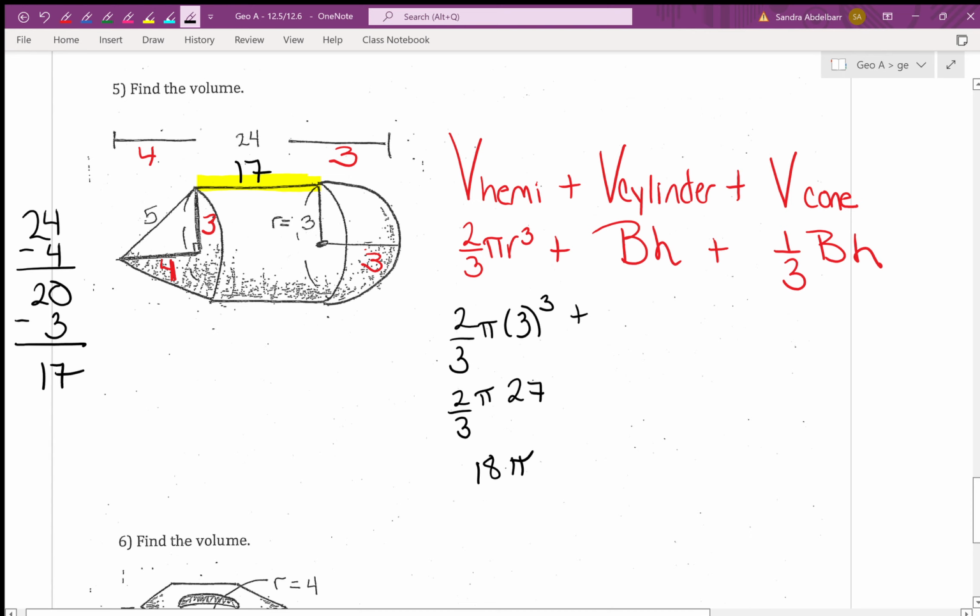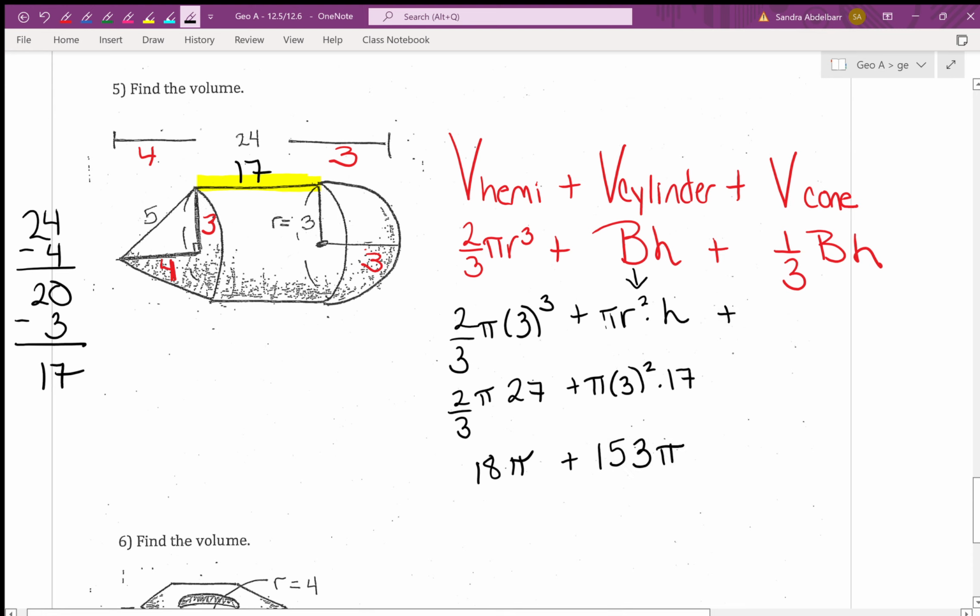What does that big capital letter B represent? Area of the base. What kind of base does the cylinder have? A circle. So this is pi r squared times h. So this is pi 3 squared times the height of the whole cylinder, which is 17. Can somebody multiply 9 times 17? 153.